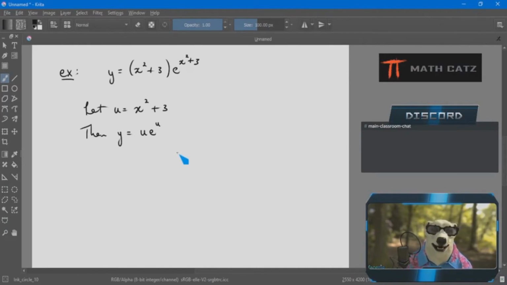It's not optimal. Why? How come? Because this outside function is still tricky. Perhaps it's less ideal. It still needs a fair bit of work to find the derivative.